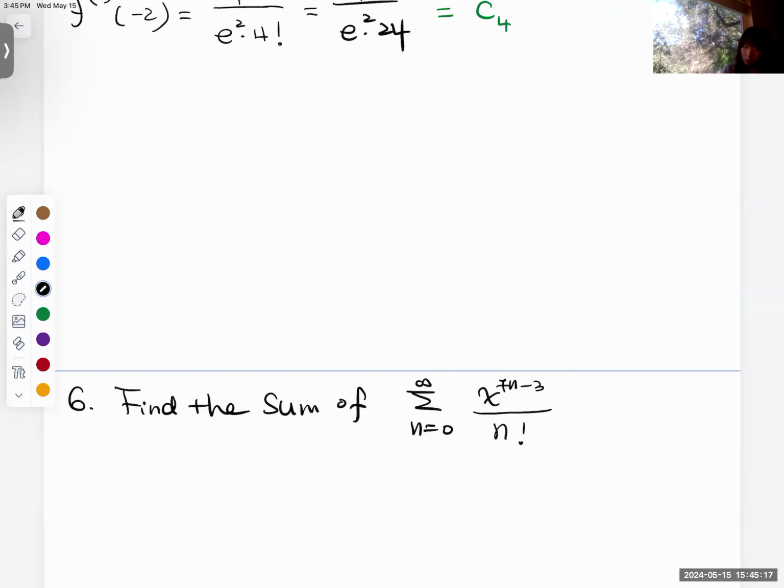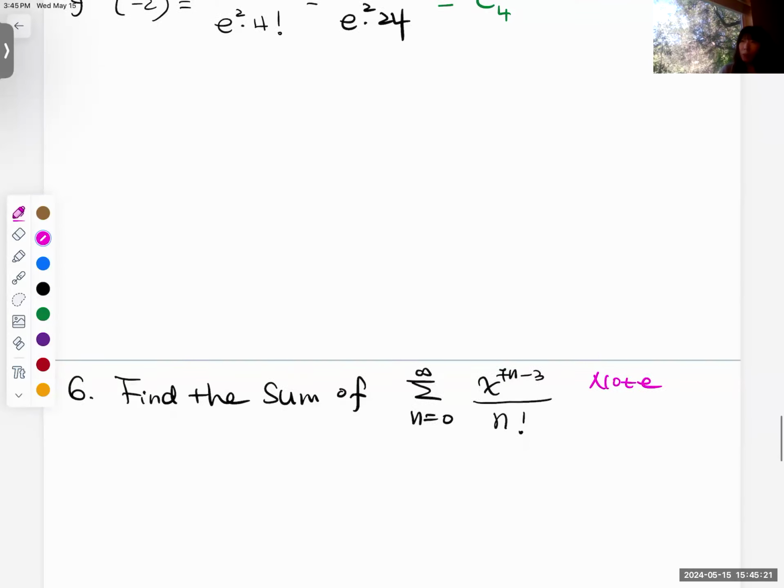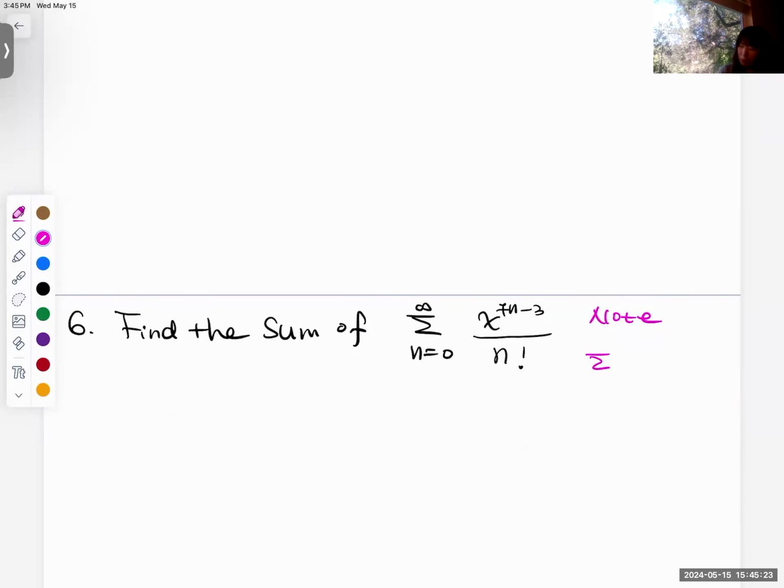Okay, let's note that we had the series n equal to 0 to positive infinity of x to the n over n factorial. This series we express as e to the x power. Okay? All right.